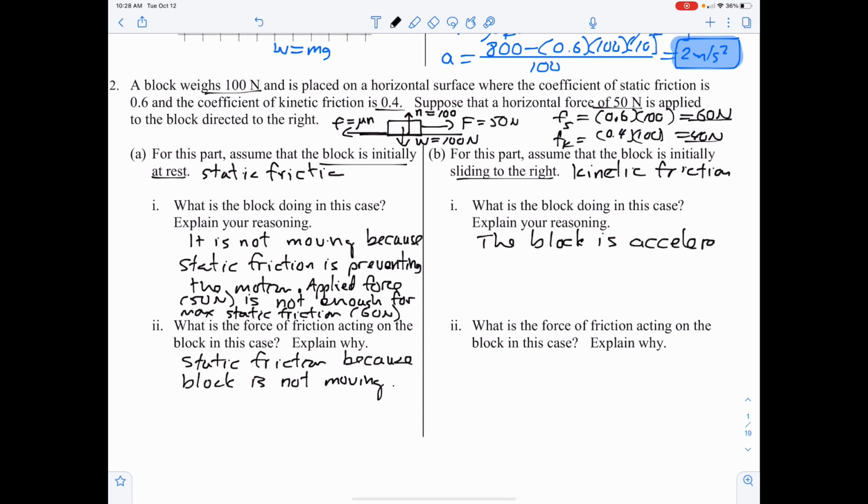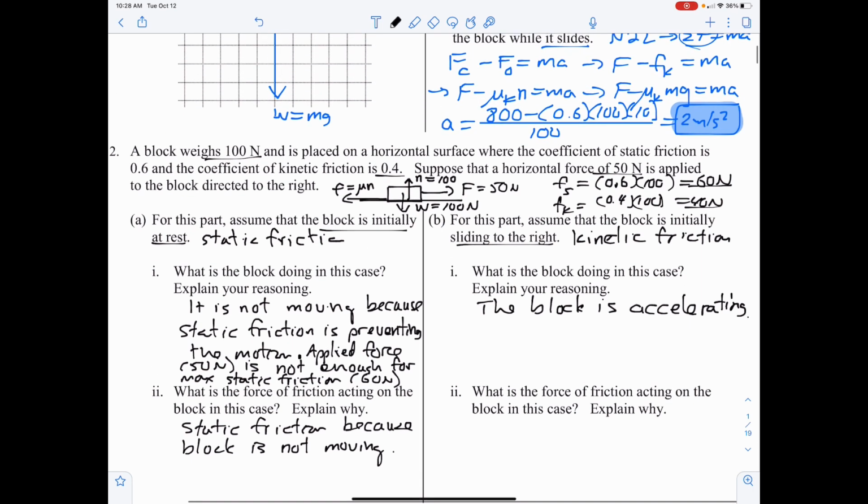Let's think about why. Because the forward force is always 50 newtons, but this time the backward kinetic friction is only 40 newtons. The forces are not balanced. Therefore, there's a net force of 10 newtons pointing to the right, causing an acceleration to the right.